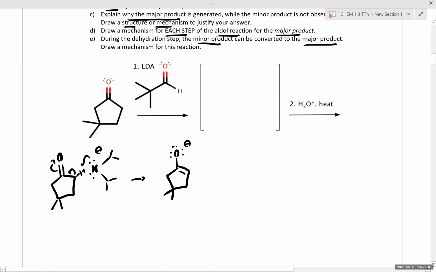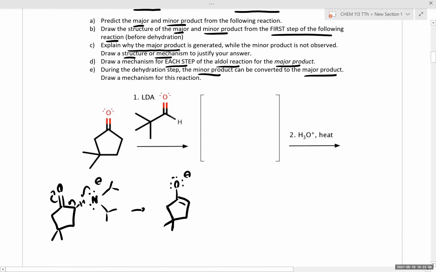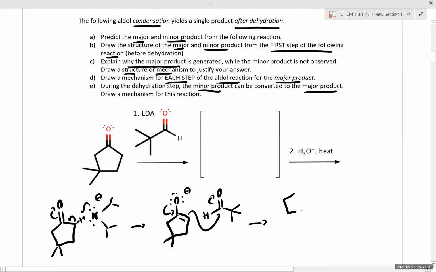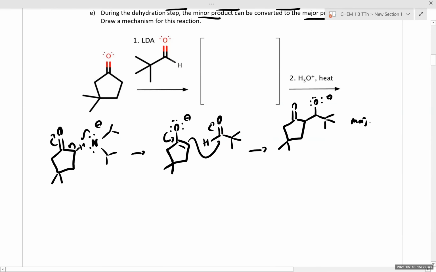I'm drawing out the mechanism because at the end of the mechanism, we'll be able to answer each of these questions individually. So once we have our enolate, it can react with our electrophilic aldehyde to generate our aldol reaction product. This is going to be the major aldol product.